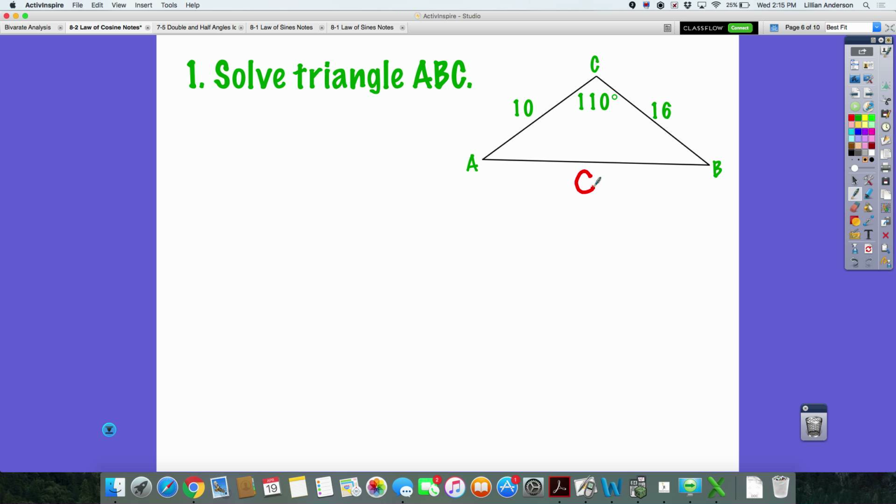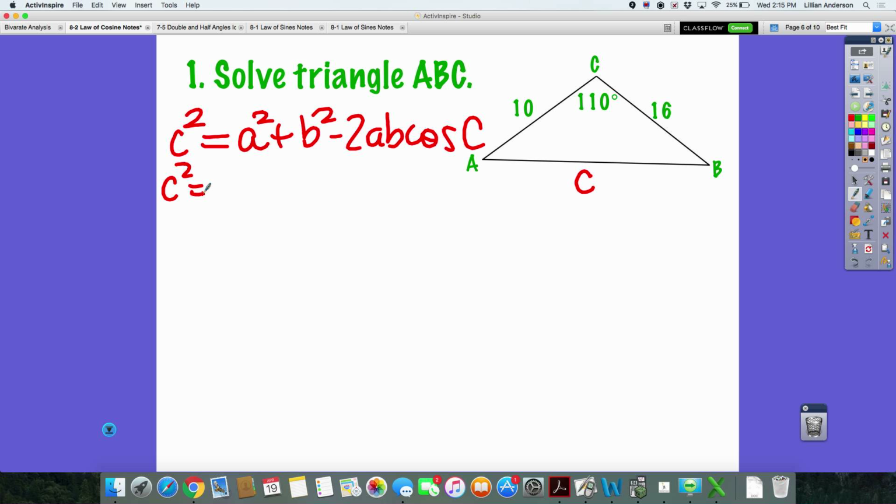So if I'm looking for side C, that means the formula is going to be c squared equals a squared plus b squared minus 2ab cosine C. Now I'm only writing the formula so you guys can see where all the numbers are getting plugged into for this example. The next example, I'll probably just plug the numbers straight in. So, what's lowercase a? 16. If you put 10 first, it's fine as long as 16 follows.